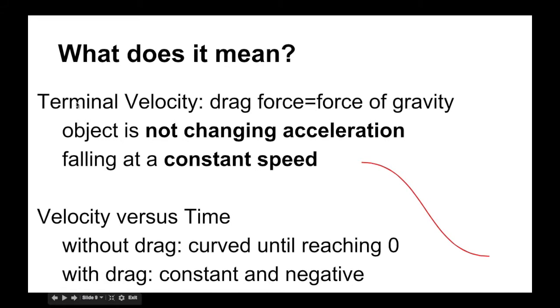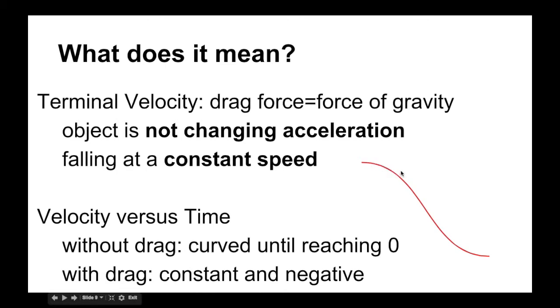So let's examine this a little bit further, moving aside from it. One of the questions asked about terminal velocity. The terminal velocity is when the drag force is equal to the force of gravity, which means that the object's not accelerating, it's at a constant speed. This is not actually my function, but it gives me an idea, and I can illustrate using this. I know that without drag force, when it's just accounting for gravity, it will be curved until it reaches 0.